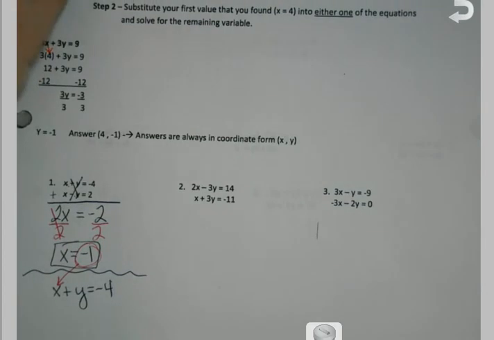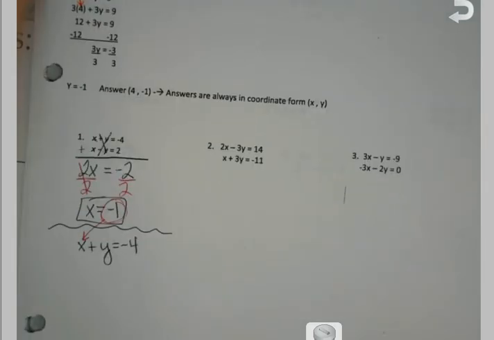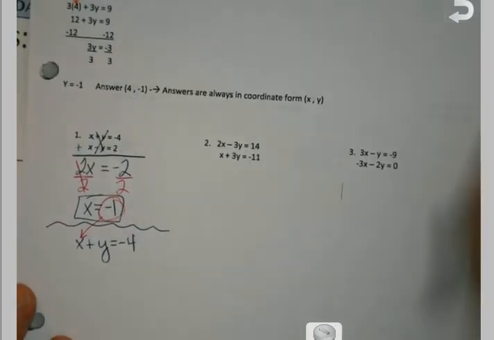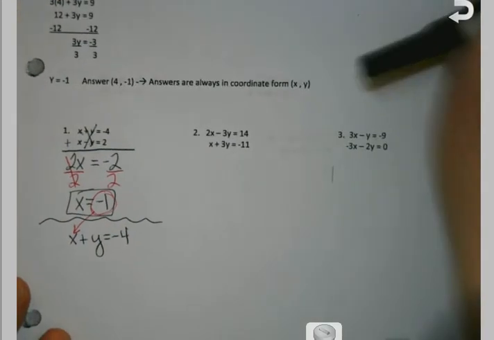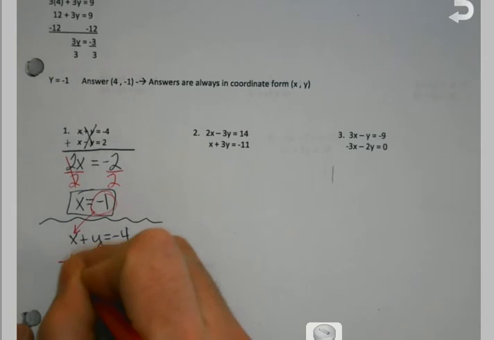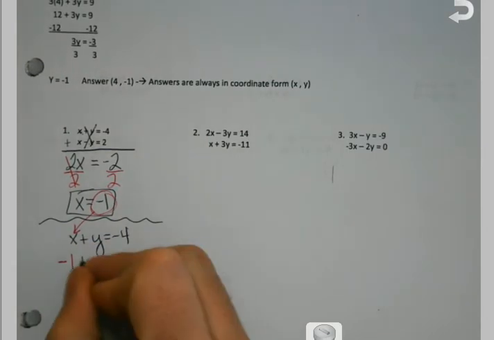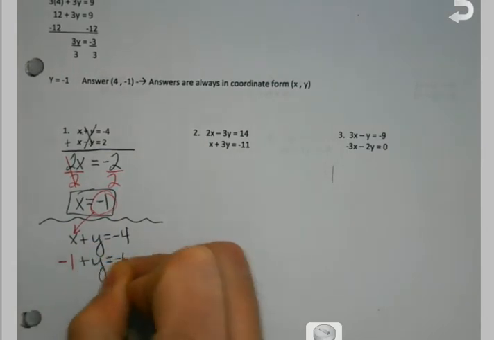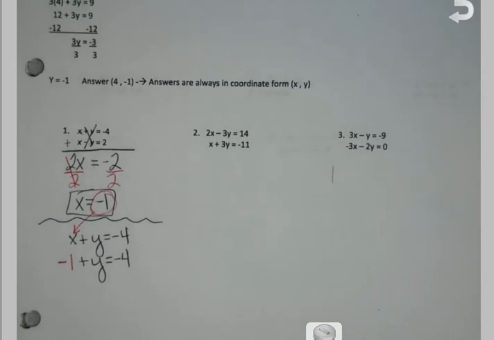Especially in the notes, it's really good to show yourself with an arrow why you're plugging this in there: because that's what x equals. So negative 1 plus y equals negative 4, because the x goes away and gets replaced by the number. Now I only have one step left, and I know what y is too.